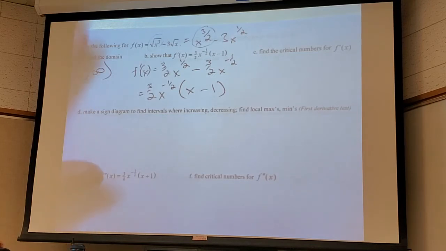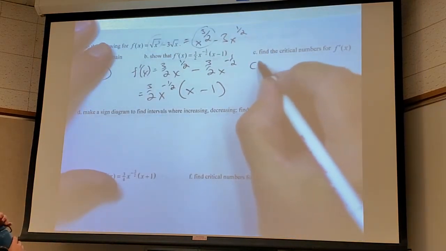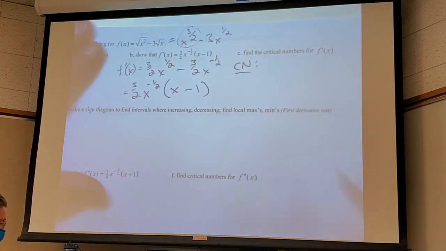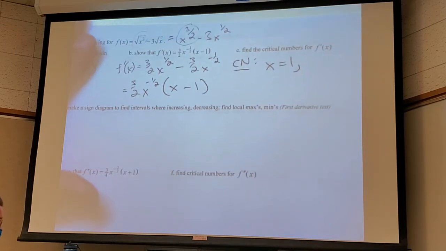All right. What are the critical numbers? 1. Zero. Why is 1 a critical number? So x minus 1 equals 0. Yeah, it makes the derivative 0. Nothing else makes it 0, but what's the other thing we think of to find critical numbers? Where the derivative is 0 or undefined.